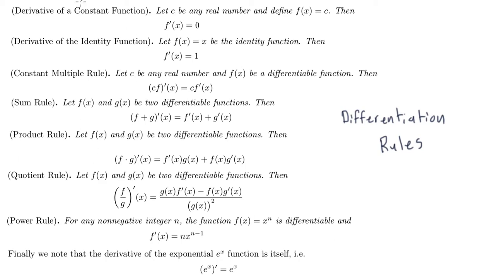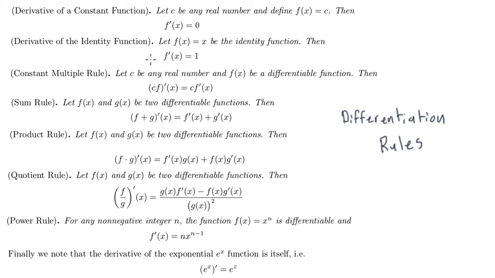So if we have a constant function, a function whose graph is actually a horizontal line, it's not surprising that the derivative is 0, because the slope of a horizontal line is 0. For the second one, the identity function, this is just the function whose graph is the line y equals x that has slope 1. So it's not surprising that the derivative for each x value is 1.